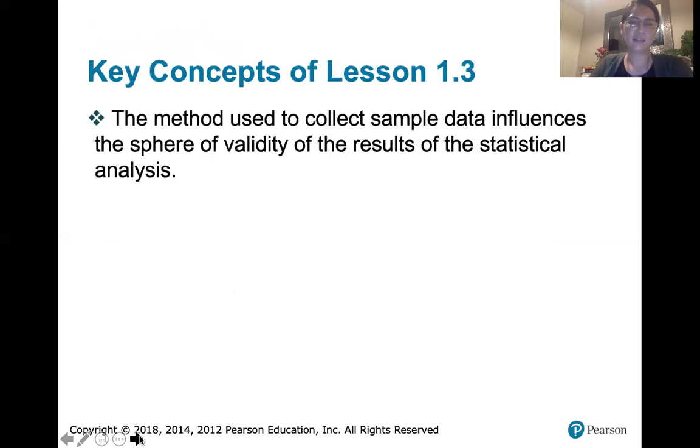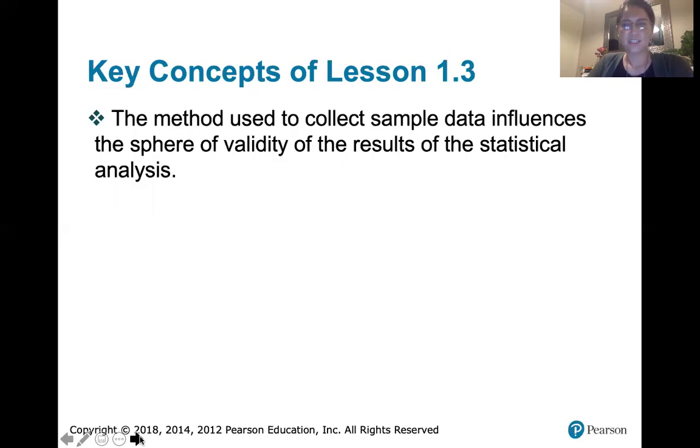Our first key concept is that when we collect sample data, that collection of data influences the sphere of validity of the results of the statistical analysis. Most of the time when we collect sample data, we can at a minimum say something about the sample itself, but we may not be able to say something about the larger population.